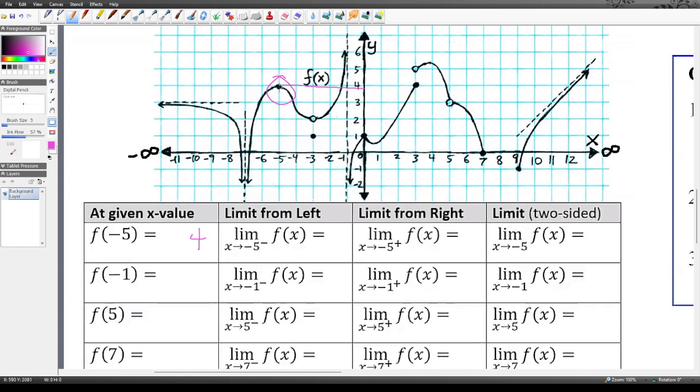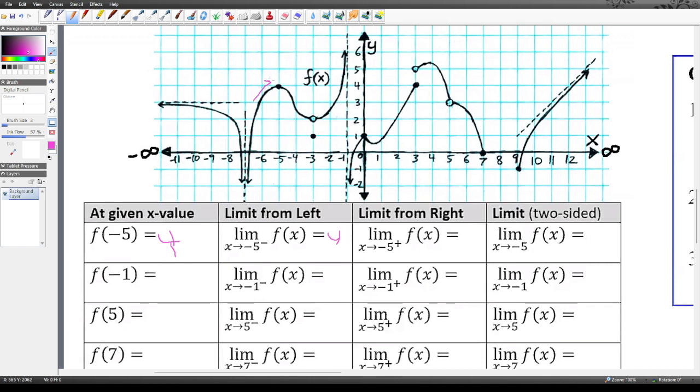Since there's no jump discontinuity, or this is not open, we can conclude that our limits will be the same as our evaluation.